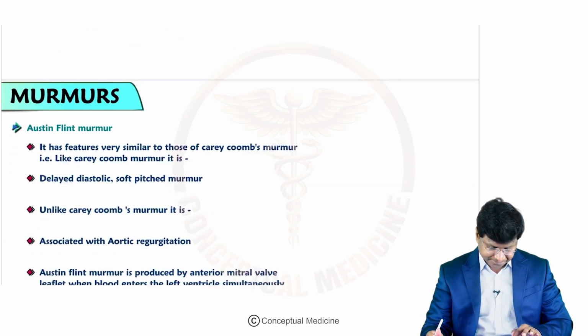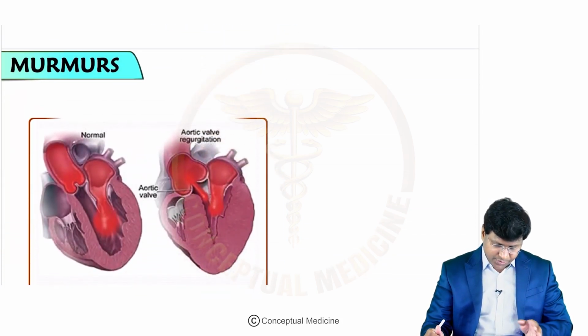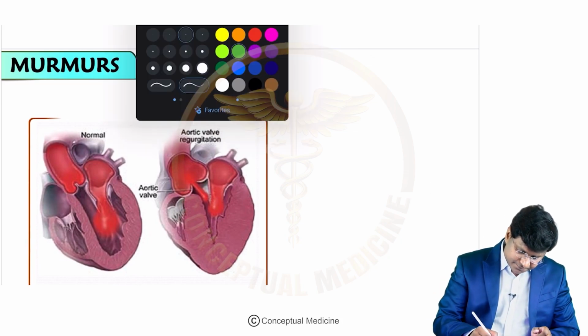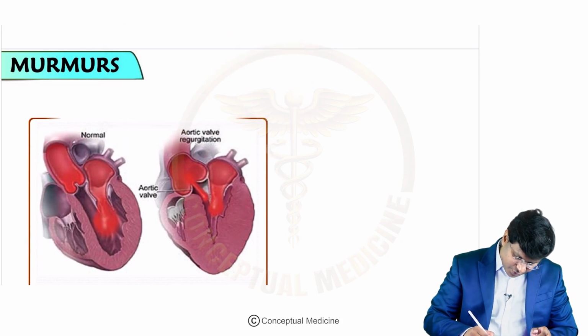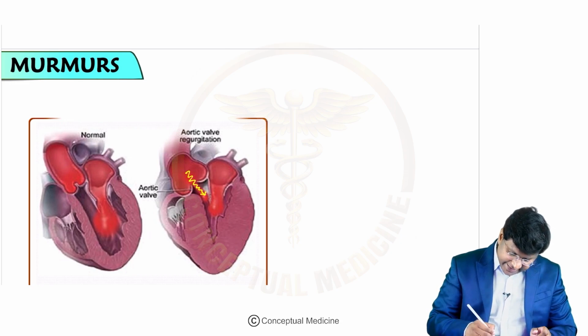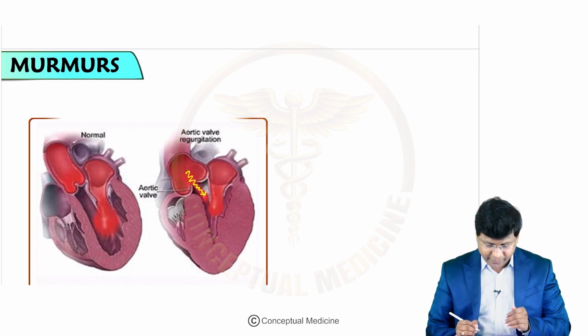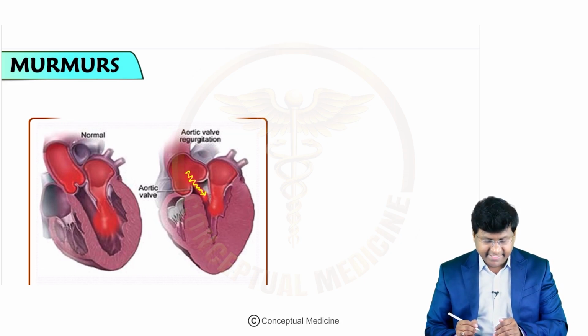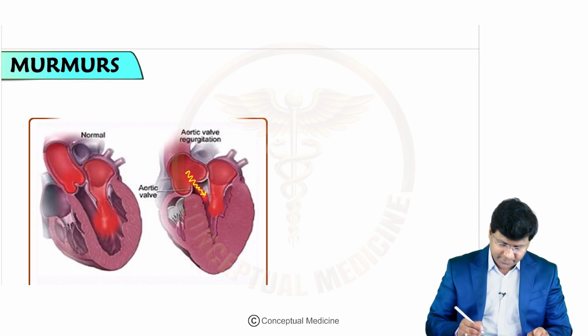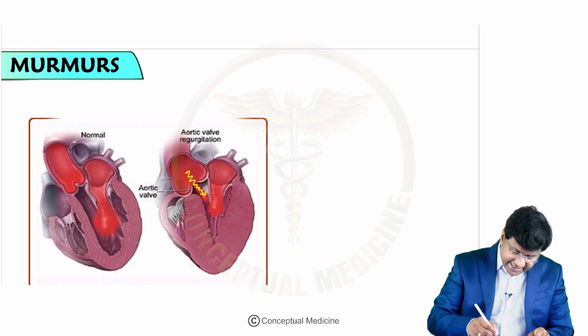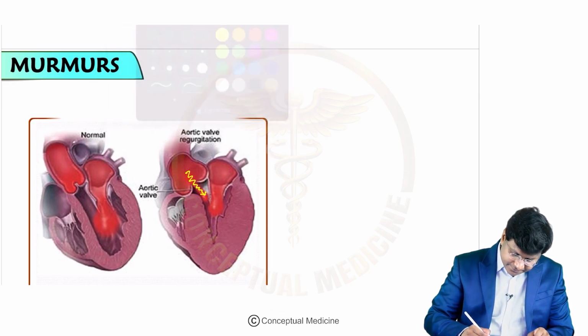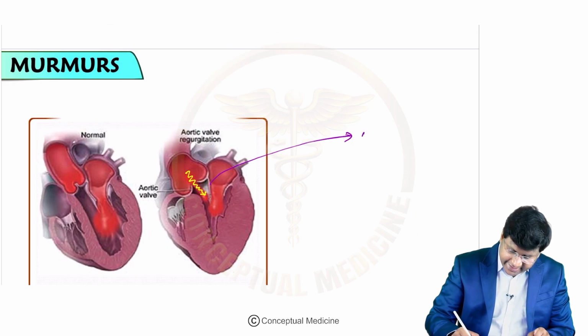So now you see, in case of aortic regurgitation, you can observe the blood from the aorta regurgitate back into the ventricle. So when the blood from the aorta is regurgitating back into the ventricle, it will hit the anterior mitral leaflet.